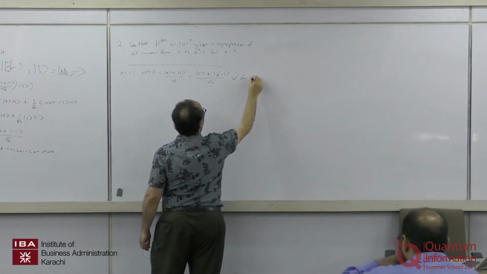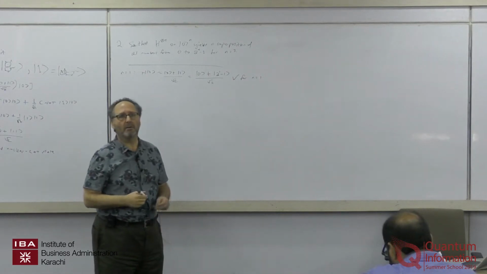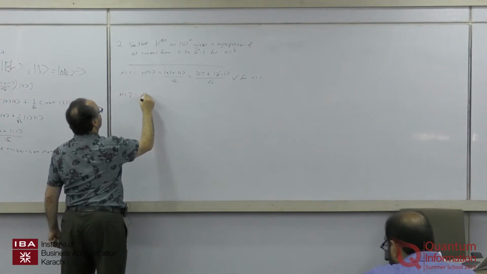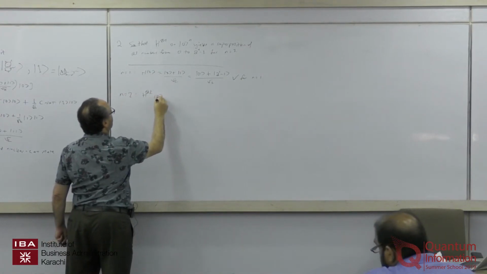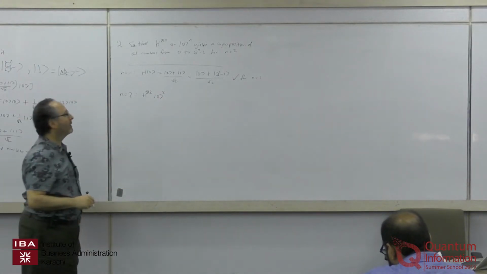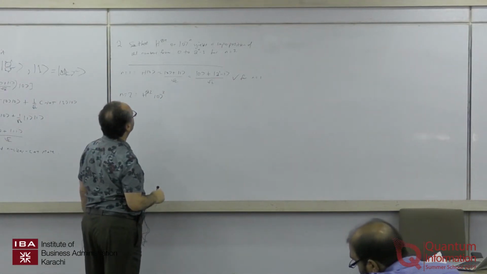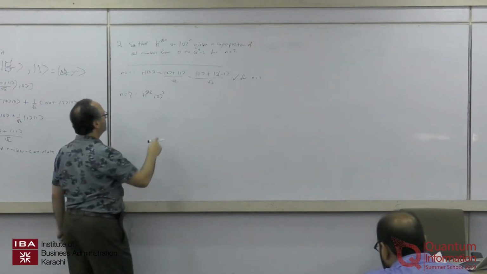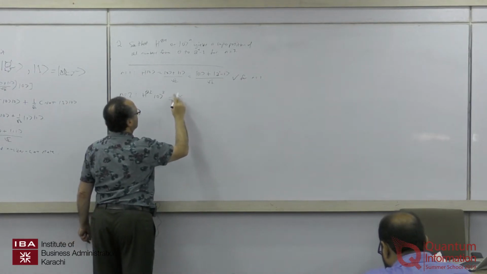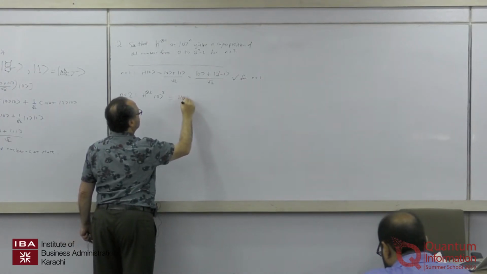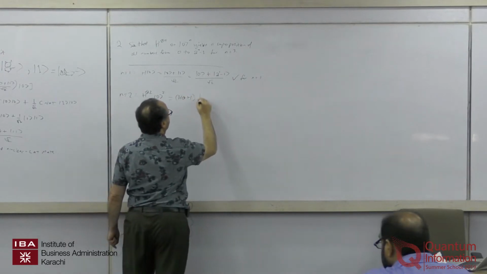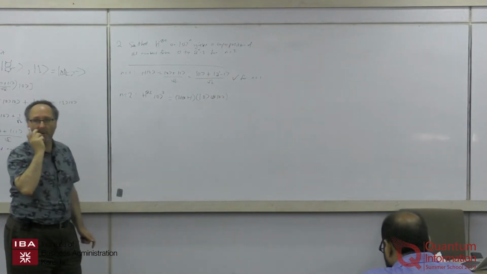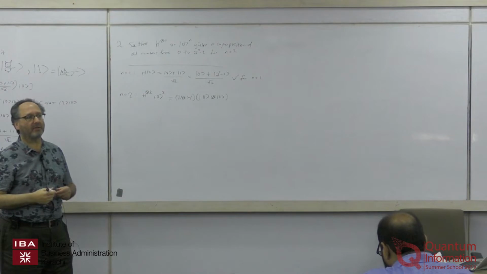So that's correct as well. Okay, let's do n equals 2. And we get H tensor 2 on 0, 0. And so in this case, H tensor 2 on 0, 0, let me explain. This is the same as writing H tensor H acting on 0 tensor 0. Okay, stop me if it's not clear.